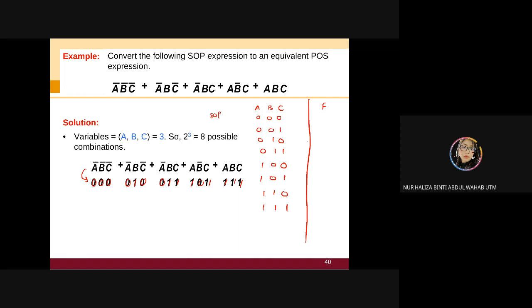From this truth table, I can directly get the answer for my 1. 1, 1, 1, I get 1. 0, 0, 0, I get 1. 0, 1, 0, I get 1. 0, 1, 1, I get 1. 1, 0, 1 and get 1. The rest will be 0. 1, 2, 3, 4, 5, 6, 7, 8.